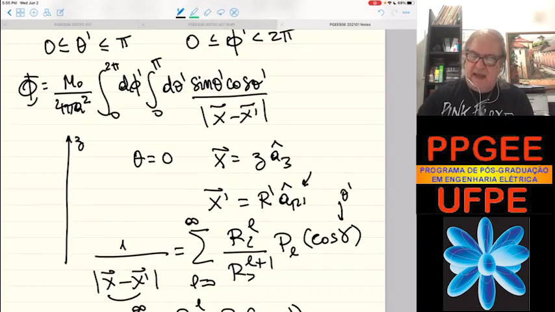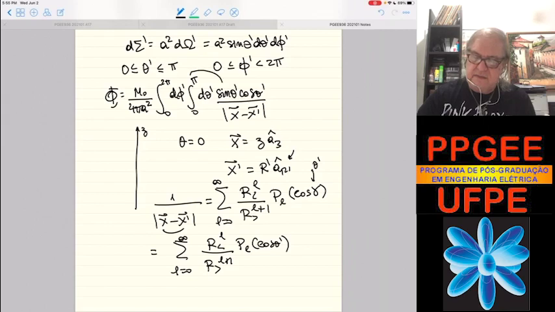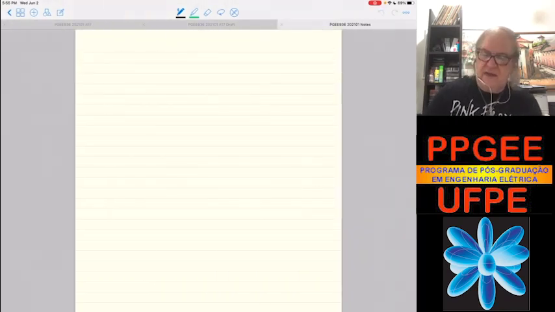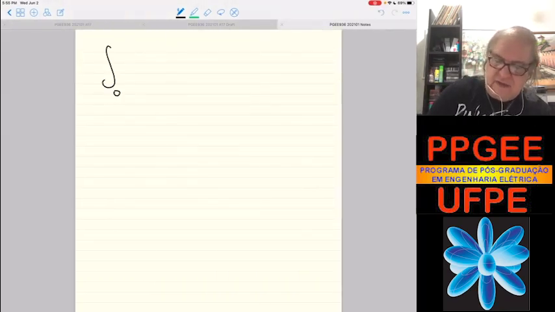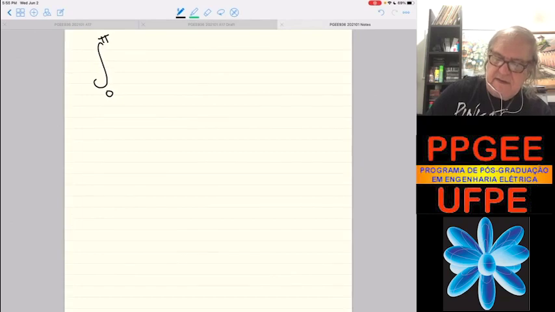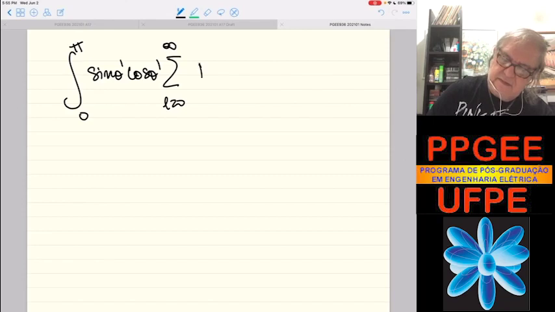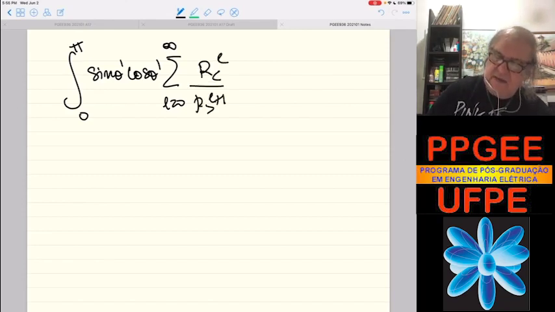So the integral we have is this one here, solved with the expansion. So let's go here. We have something like this: integral from 0 to pi of sine theta prime cosine theta prime, sum of r smaller to the l over r larger to the l plus 1.